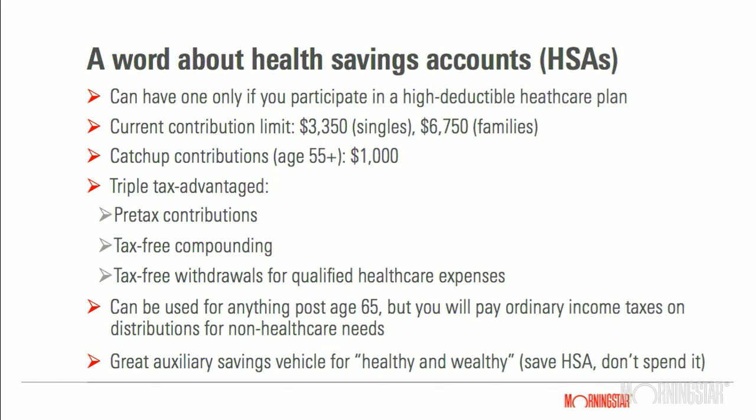So a couple of things to know about these health savings accounts. One is that you're only eligible to contribute to an HSA if you are contributing to some type of high deductible health care plan. And the IRS has specific guidelines about what constitutes a high deductible health care plan.